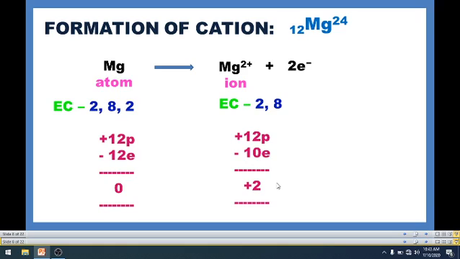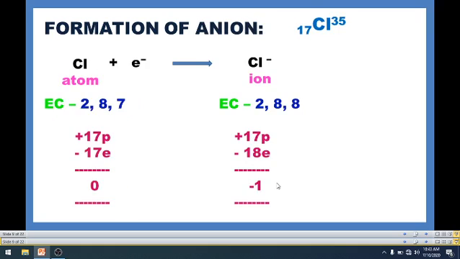Next we will see how an anion is formed. For example, chlorine. The electronic configuration of chlorine is 2, 8, 7. According to the octet rule, it should have 8 electrons in its outermost shell. So chlorine wants to gain 1 electron. If it gains 1 electron, it becomes 8.